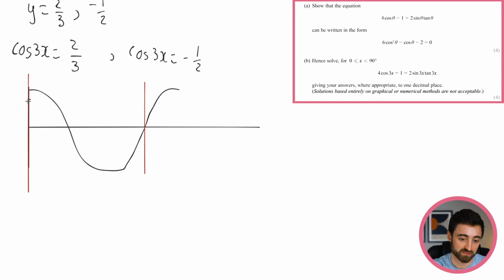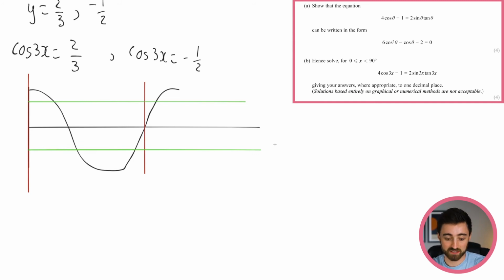So 2 over 3, positive number, could be around here. Minus a half, around here. Okay, so this tells me that I'm looking for one solution from the 2 over 3, but two solutions from the minus a half. So I'm going to need to use some symmetries there.